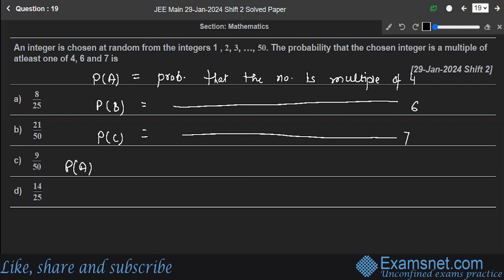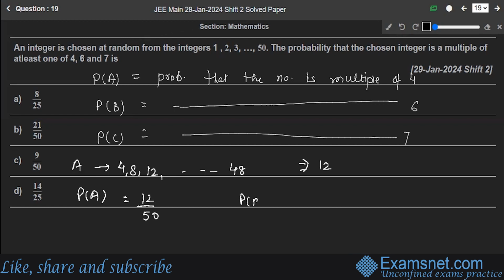So how many numbers are there which are multiples of 4 from 1 to 50? A will have the elements 4, 8, 12, and the last one will be 48. How many elements are there? 12. So the probability of A will be given by 12 upon 50.